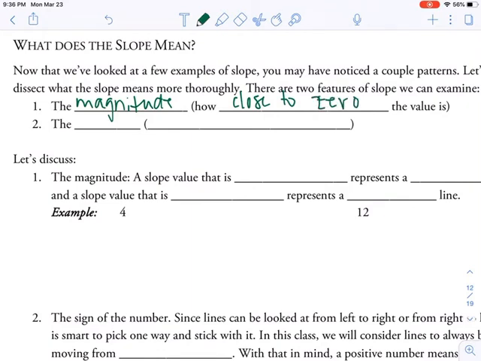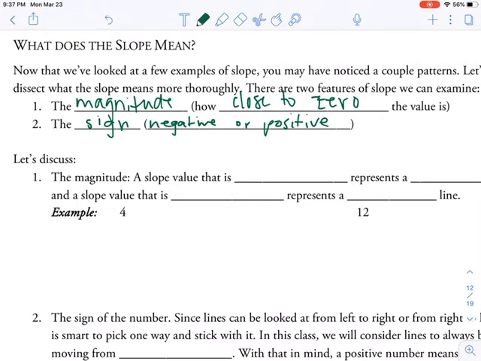Okay, and the other thing you might have noticed is that some of our slopes have been negative, and some of our slopes have been positive. So what you're noticing is that the sign of the slope is changing. So in one example might be negative and one example might be positive. So we're going to talk about what do those things mean.